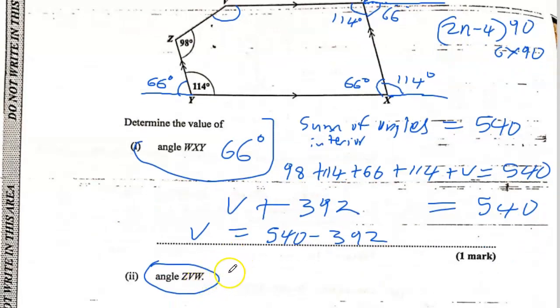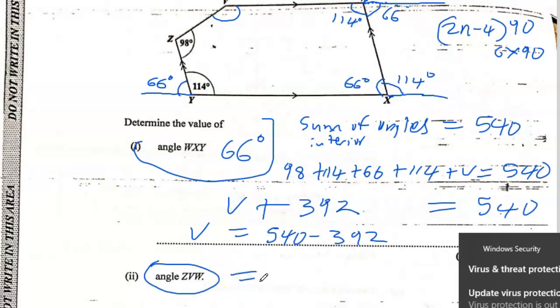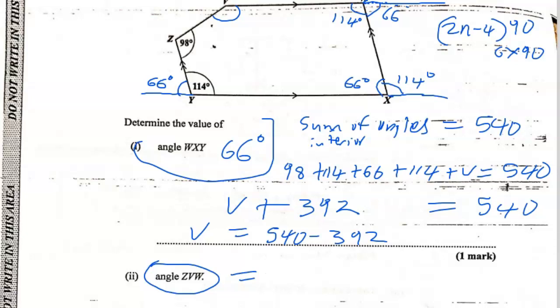So angle ZVW, this angle in question, is 540 minus 392, that's 148 degrees. So this angle is 148 degrees.